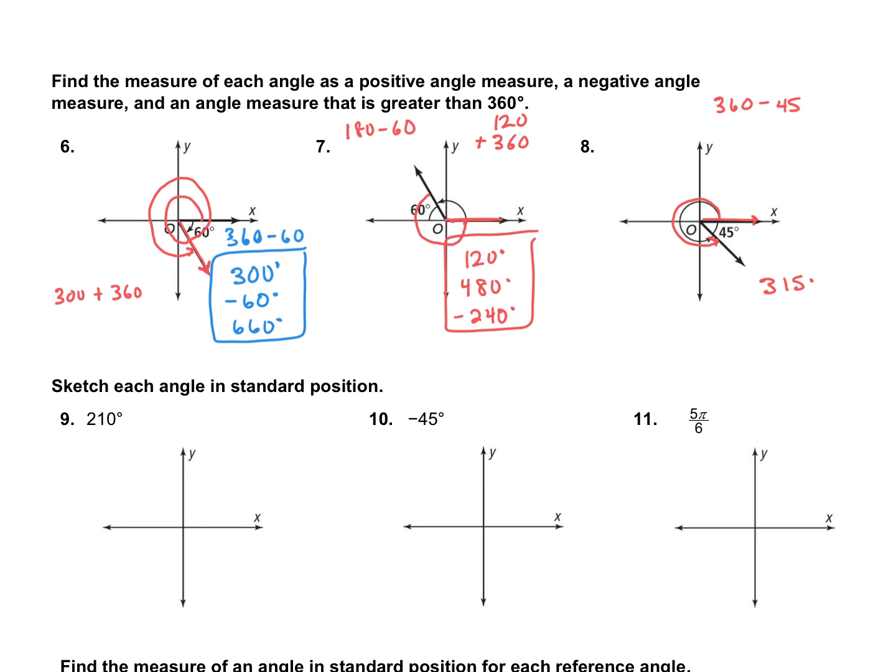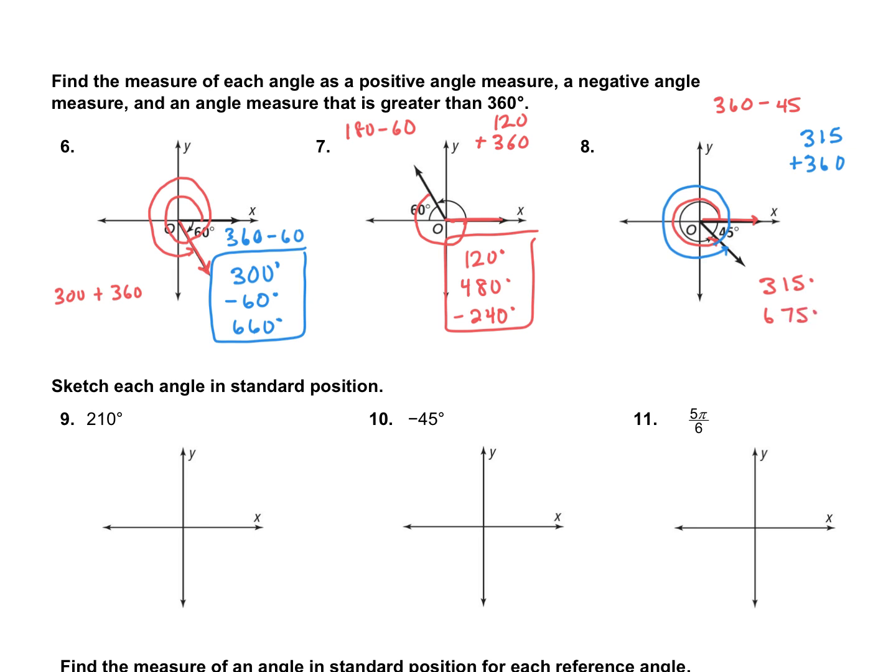Now to get an angle that's greater than 360, we'll just go around one more rotation. So we can take our 315-degree angle and we can add on 360. That's going to get us to a 675-degree angle.